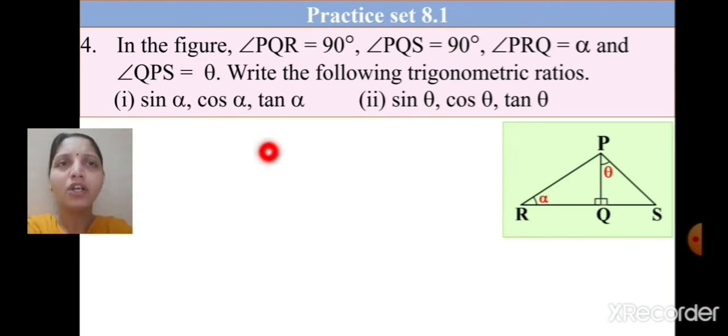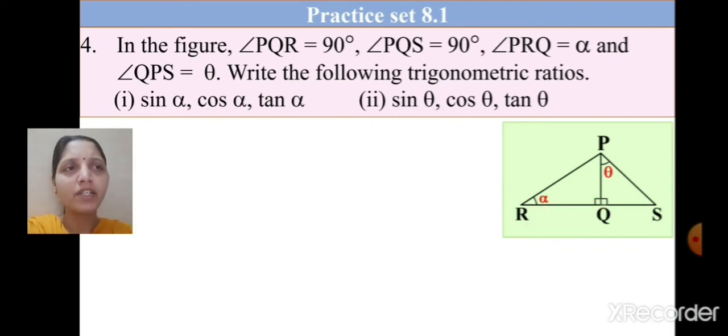Here two sets of trigonometric ratios are given and you have to find them. This is the figure given to us. Here two right angle triangles are given: triangle PQS, in which angle Q is 90 degree, and triangle PQR, in which angle PQR is 90 degree, and you have to find these ratios.